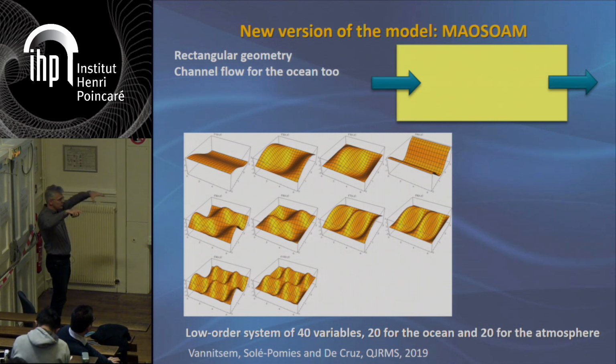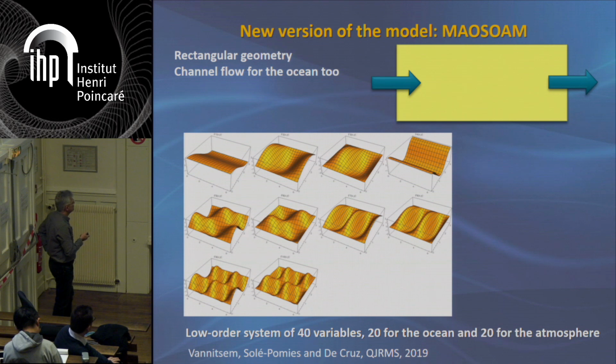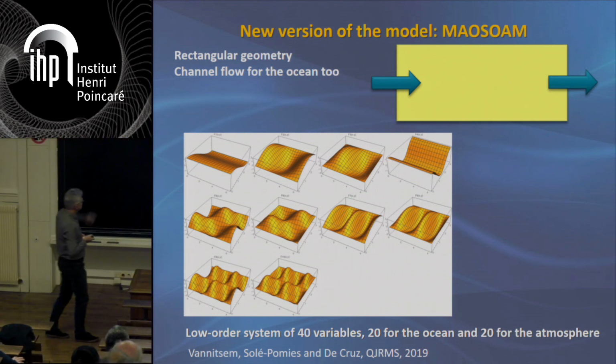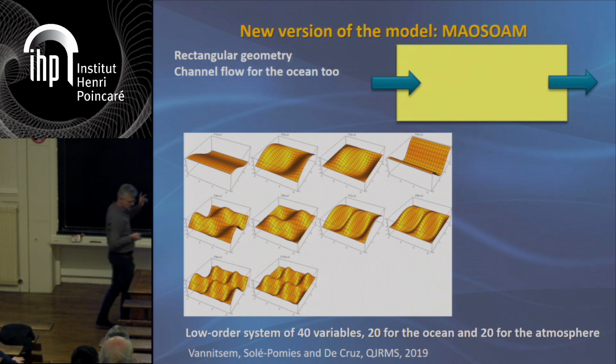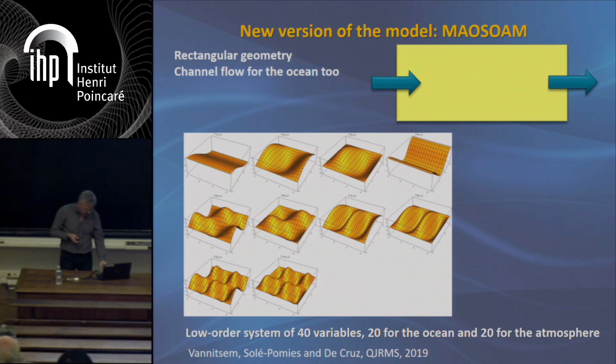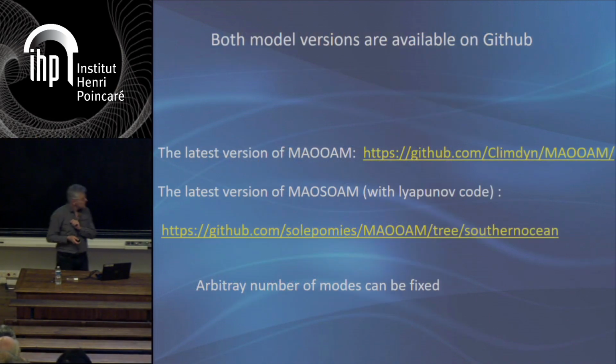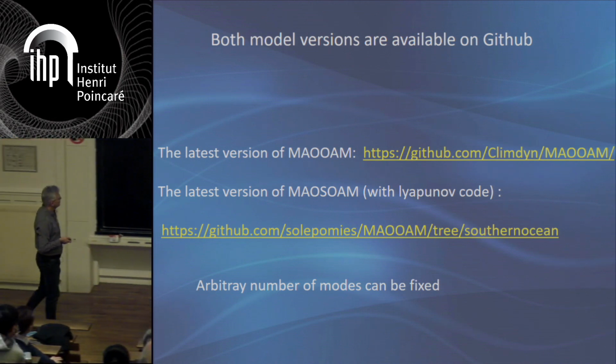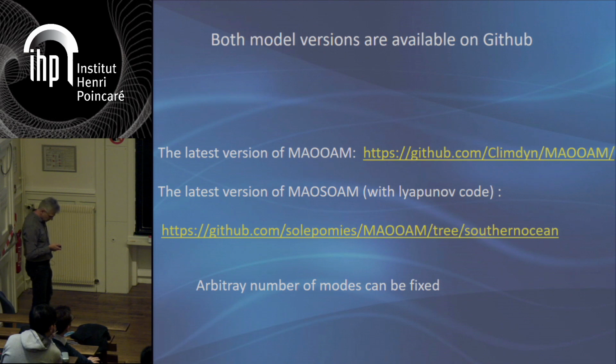So you have kind of two channel flows superimposed on each other. In this case, we can use the same modes for the ocean and for the atmosphere, and we have used a model of 40 variables. If you want to use these models, you can find both on GitHub.